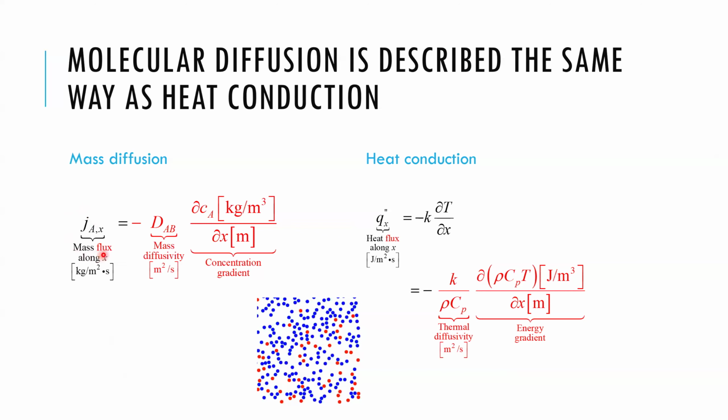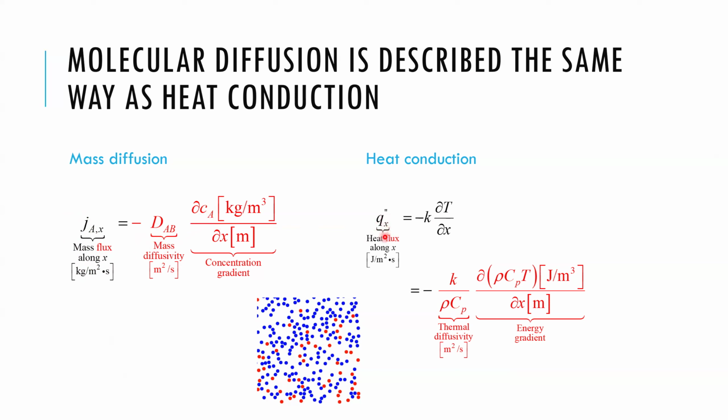J_Ax, meaning kilograms of A per unit time moving per unit area, meter squared, so kilograms per unit area per unit time, is equal to minus some diffusivity times the concentration gradient.